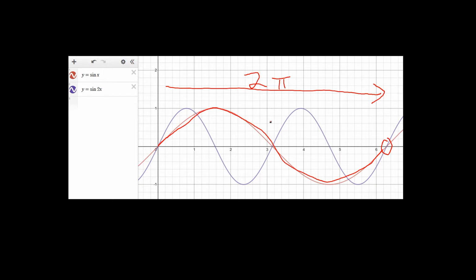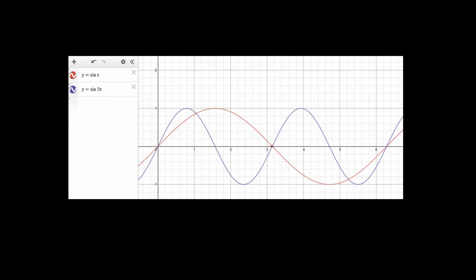So what is then the period of this blue line? Now, if you look, you can see the blue line completes one period when the red line completes half a period. And so from this, we can figure out what the period of the blue line is.